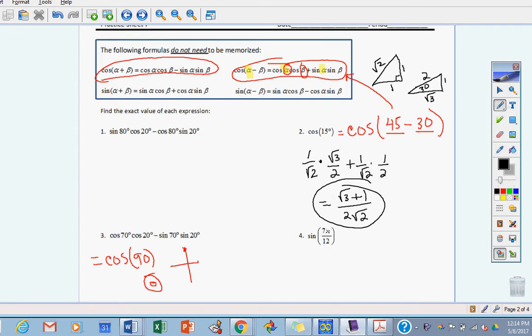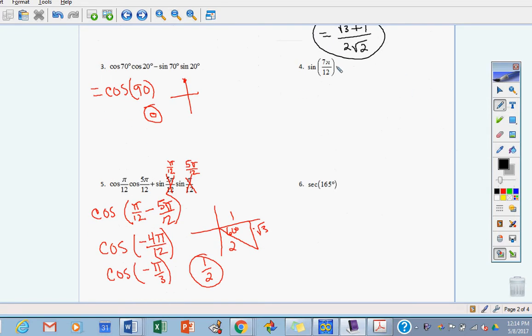Okay, so just a couple of notes here. How would I break up 7 pi over 12? You got to think of 2 radians that we would either add together or subtract to get equivalent to that. Same with this one. Actually, 6 is a little unique. I want to talk about this one. I think this one's kind of cool. I know it says secant, but a little extension: if you know what cosine is, then you should be able to figure out what secant is.